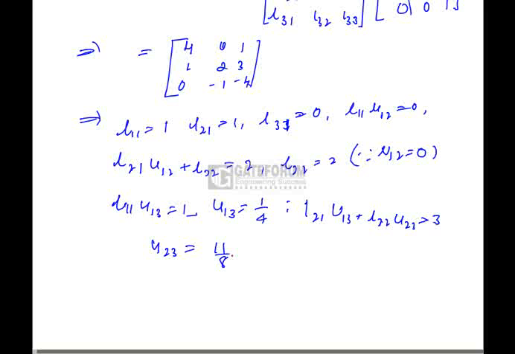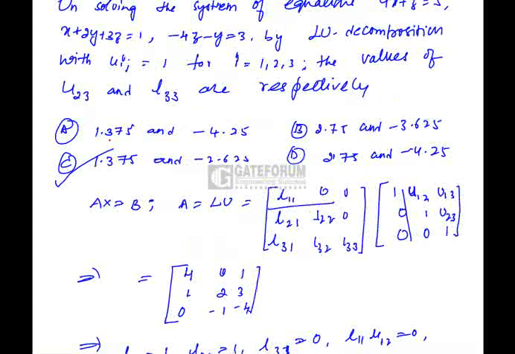And if you simplify, it is U23 equal to 11 by 8, which is 1.375. Similarly, if you simplify, you will get the value of L33 as minus 2.625. Then option C is correct.